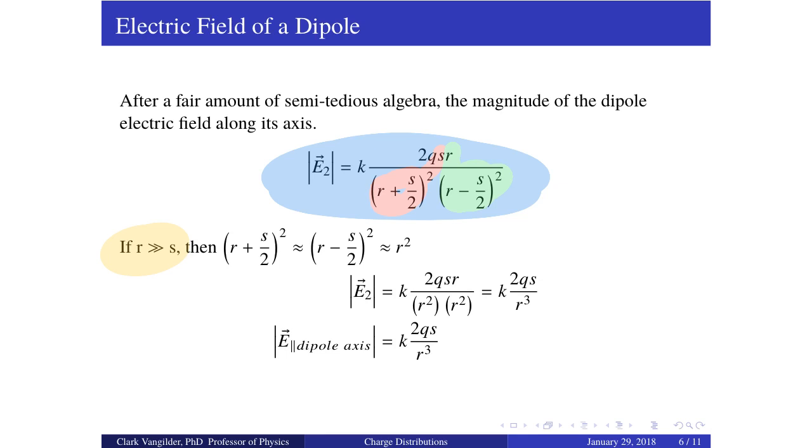Well, if R is much, much bigger than S, then these terms essentially go to zero. So that means I get to swap all of this right here to just R squared.